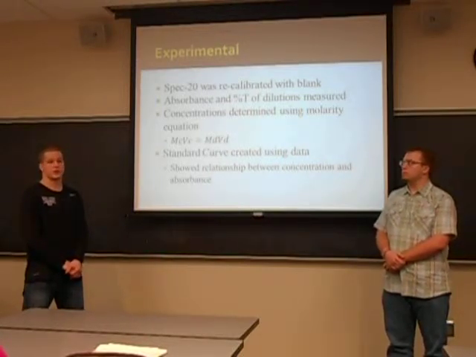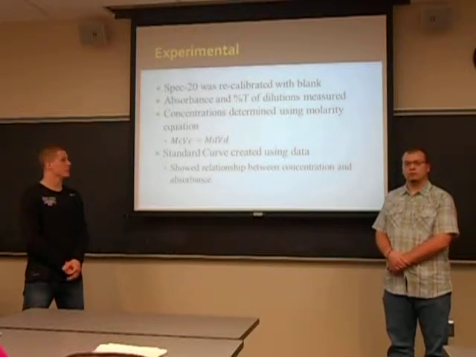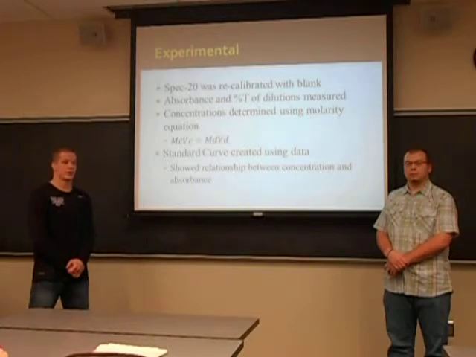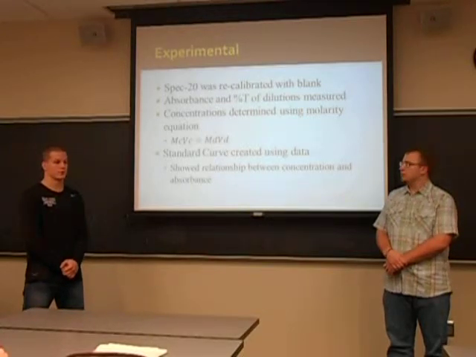Absorbance and percent transmittance of the dilutions were measured. Concentrations were determined using the molarity equation, which is MC times VC equals MD times VD. The standard curve was created using this data, and it showed the relationship between the concentration and the absorbance.